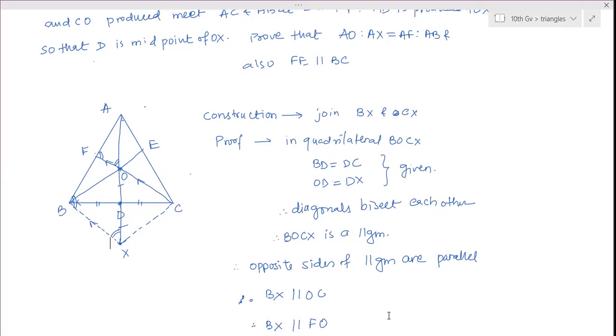After this, which chapter are we doing? Quadratic equations.